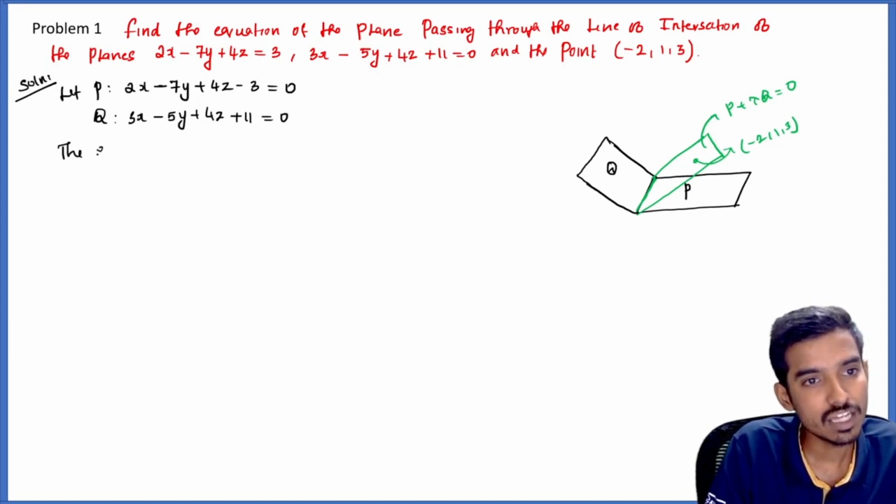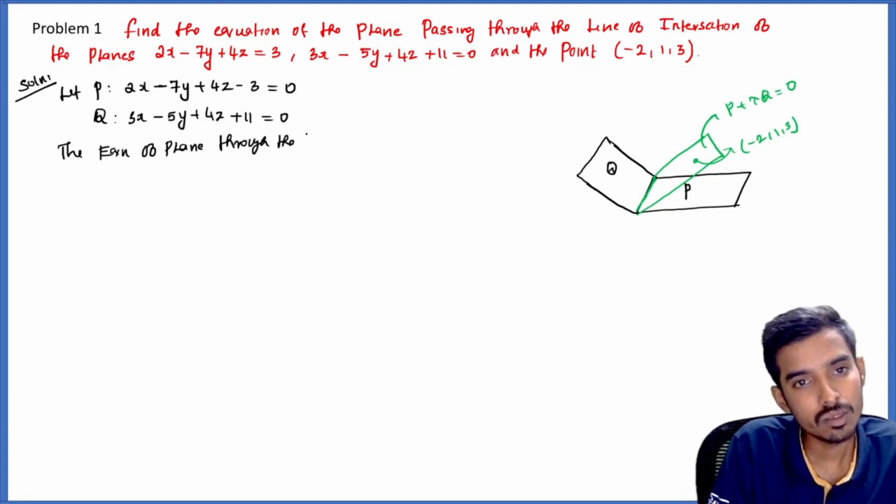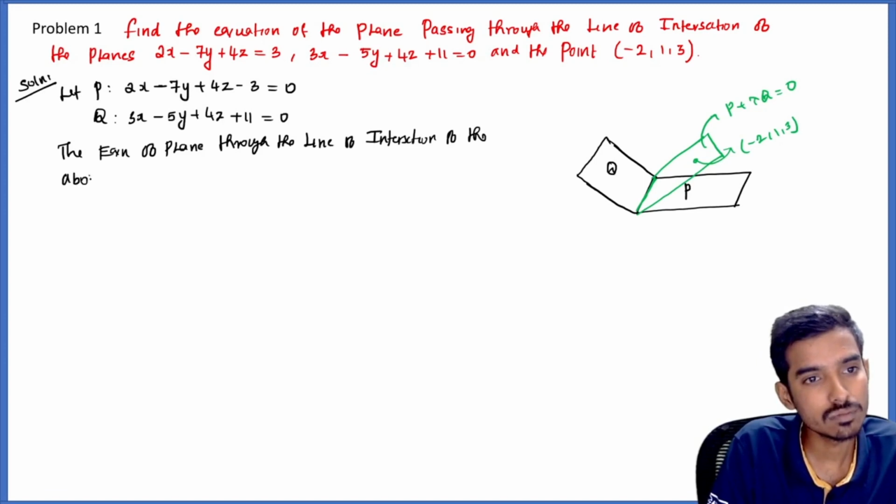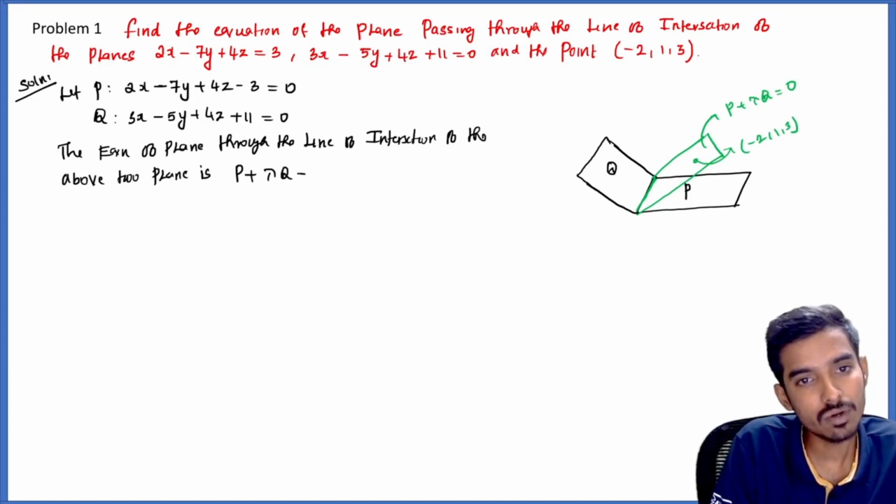The required equation of plane is the equation of plane through the line of intersection of the above two planes. The above two planes give P plus lambda Q is equal to 0, right?